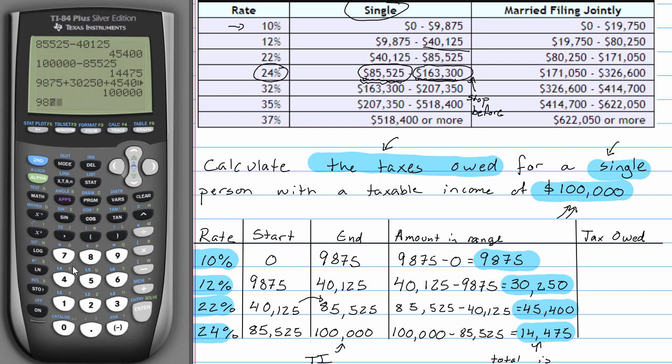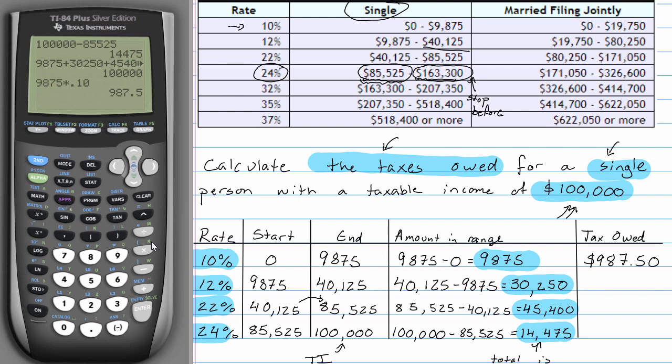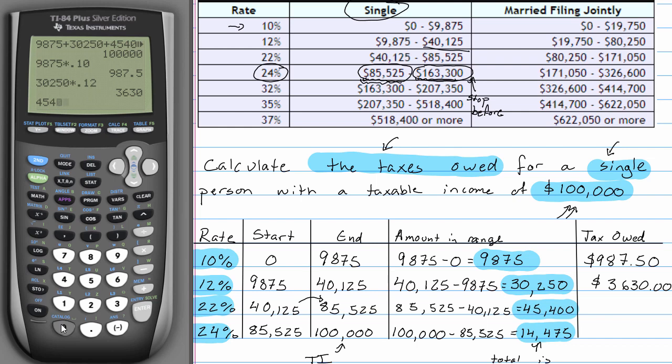So 9,875 times 10% is 987.50. 30,250 times 12%, that's 3,630. 45,400 times 22%, that's 9,988.